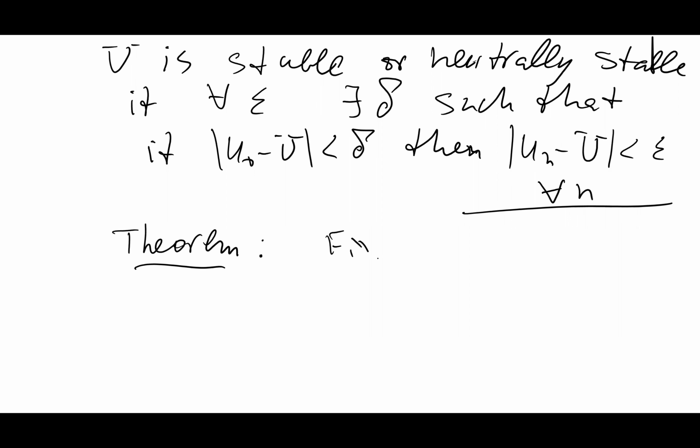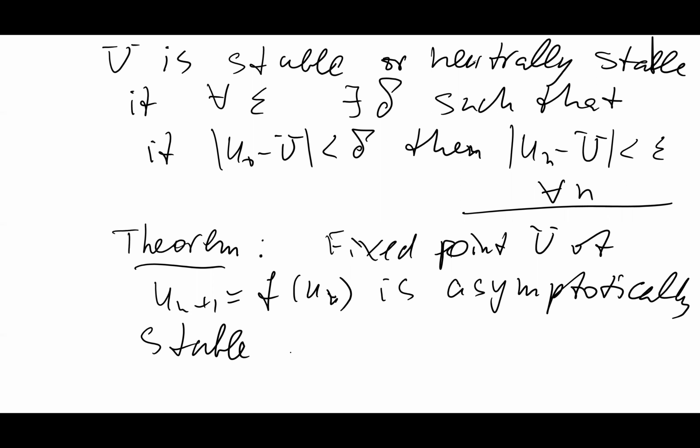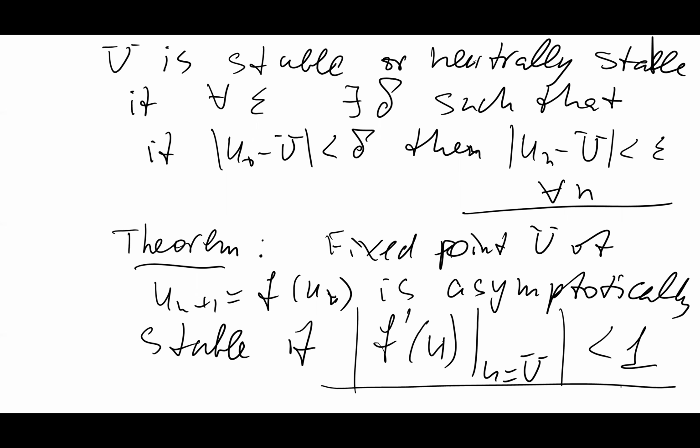The fixed point U capital of the map U_{n+1} equals f of U_n is asymptotically stable if the derivative of f at U equals U capital is by absolute value less than 1.